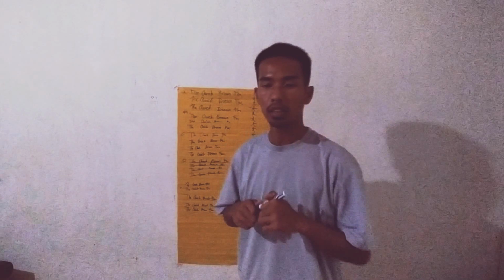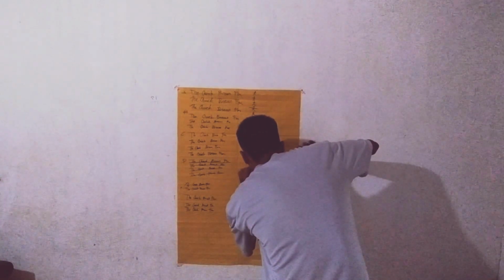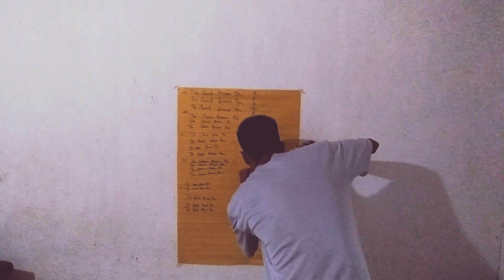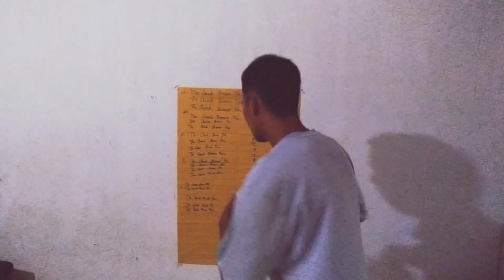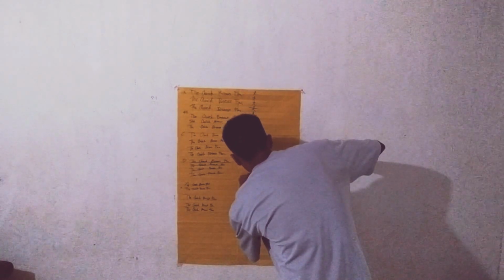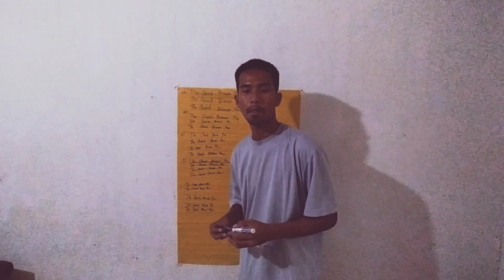Next is T bar tread. T bar tread around the stem. Next is T bar uncrossed.